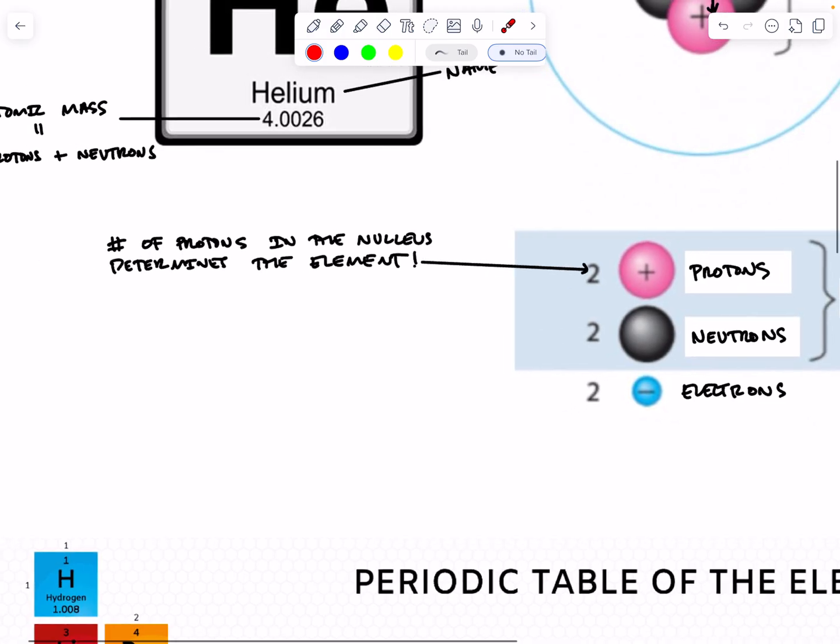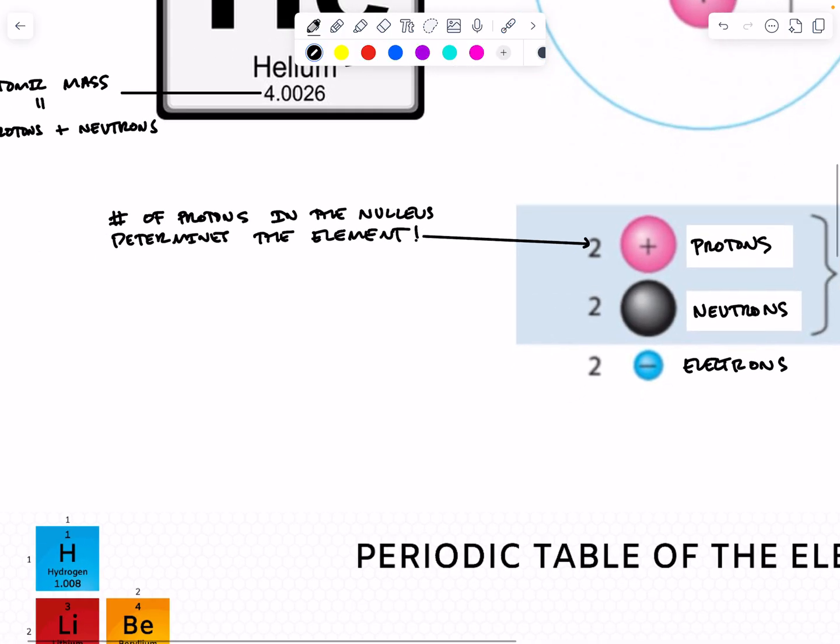So the number of neutrons in the nucleus helps determine the mass.